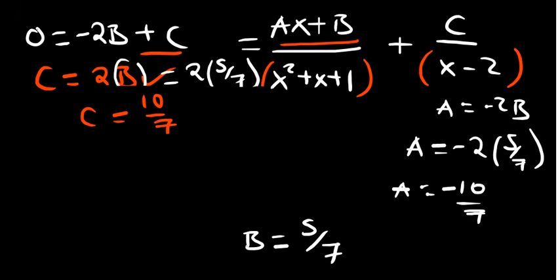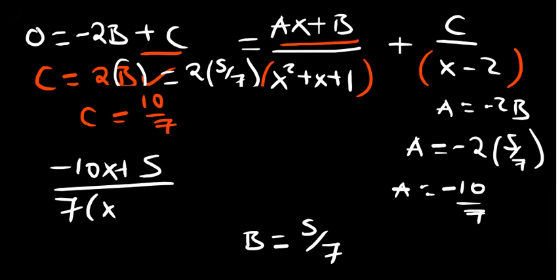So looking at our equation there, we have ax plus b. So what is our a? Our a is negative 10 over 7. What is our b? Our b is actually 5 over 7. So we have a common denominator of 7 there. So we can take it to be part of the denominator. So we have, basically, negative 10x plus 5 over 7 times x squared plus x plus 1.